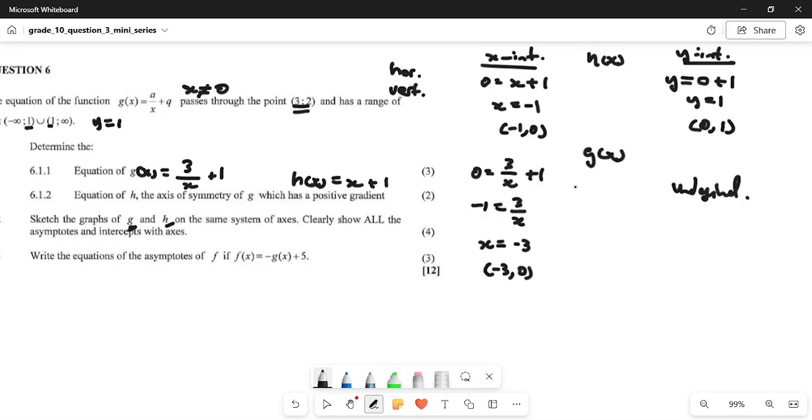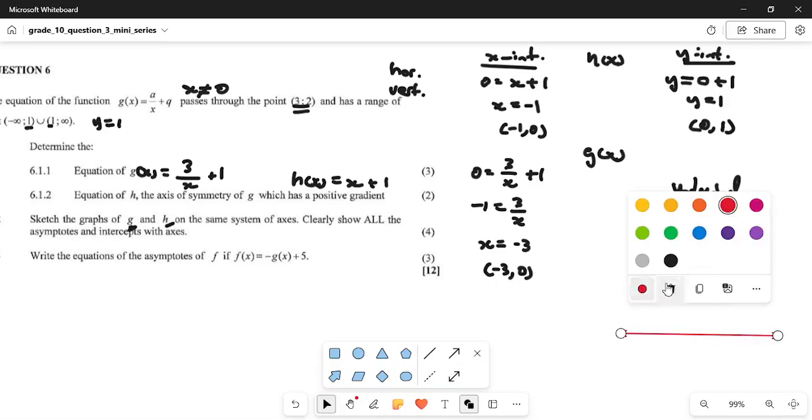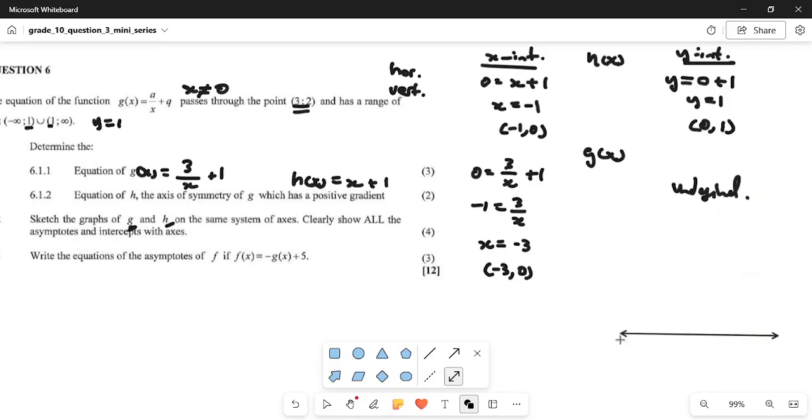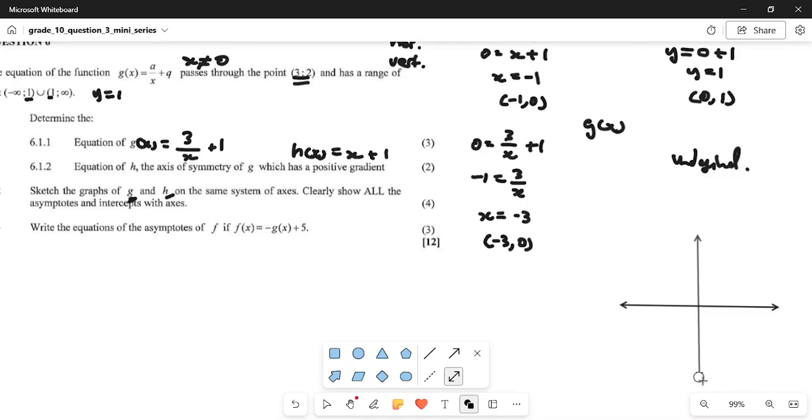And now I've got enough information to start doing my plots. So I'll just do a quick Cartesian plane here. Let's say this is our x-axis with a black pen, and then the y-axis. This is not drawn according to scale.